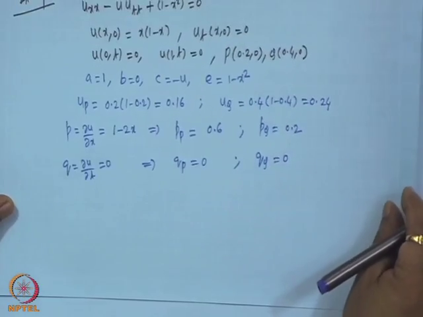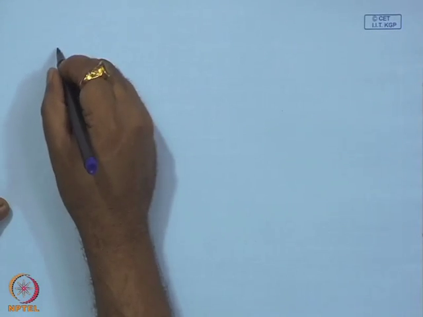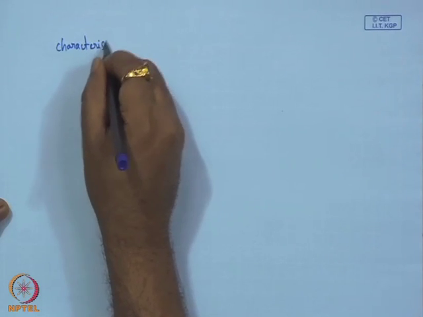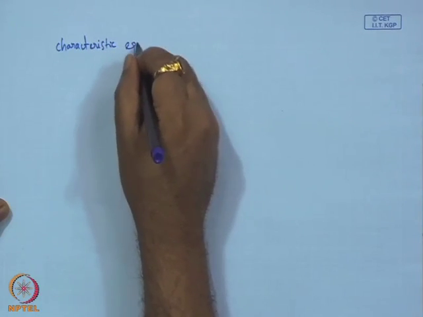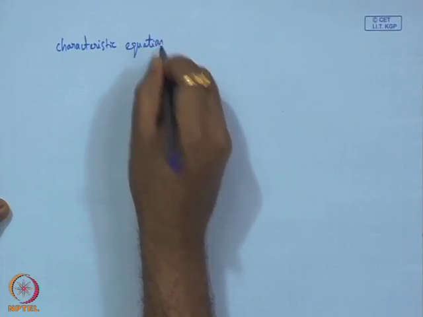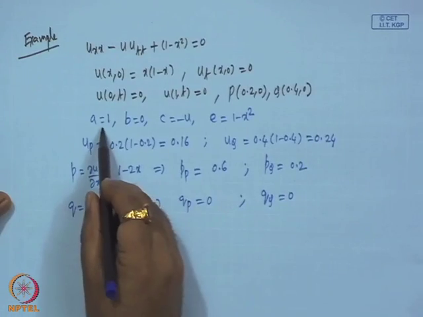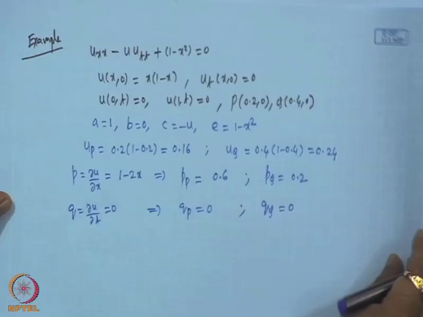Now, let us go for the characteristic equation. So, the characteristic equation, the equation we have: A is 1, B is 0, C is minus u.